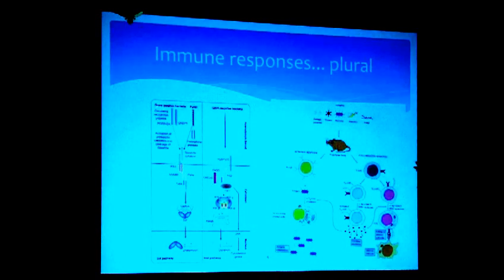This is very much a stylized version of the vertebrate immune responses, T cells and antibody responses, but talk to any immunologist and they'll add in umpteen different varieties, flavors of T cells, eosinophils, natural killer cells, macrophages, a whole soup of cytokines and so forth.